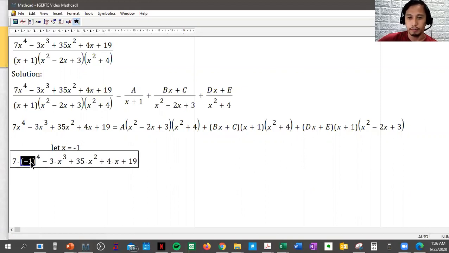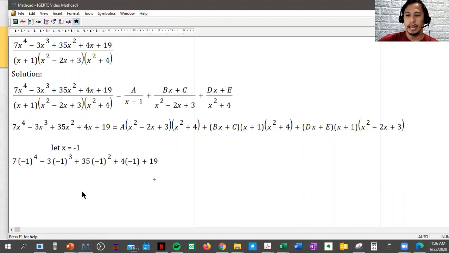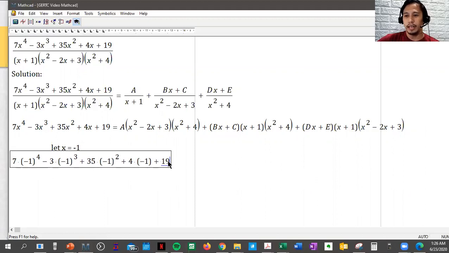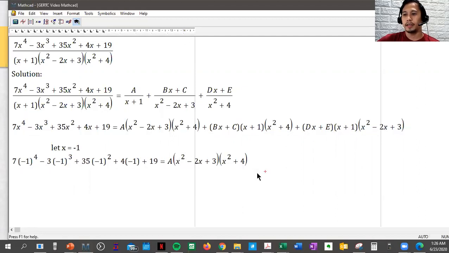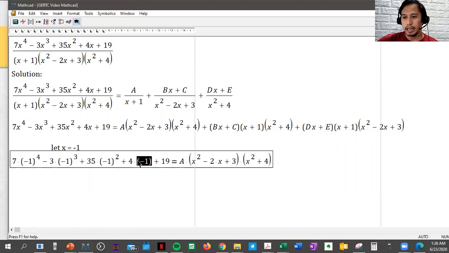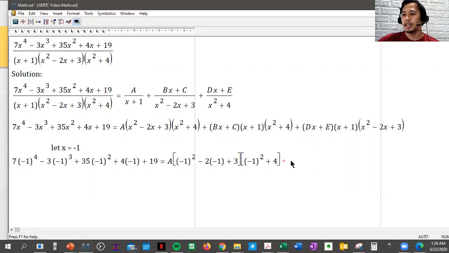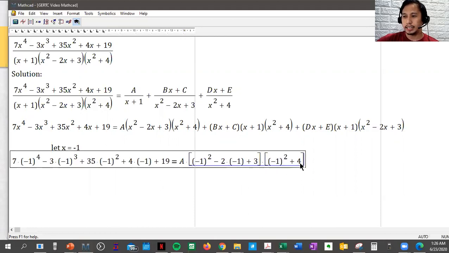So -1, -1, -1. Okay. Now, that is equal to this. Let me copy that. So again making x equal to -1, -1. Plus bx plus c.